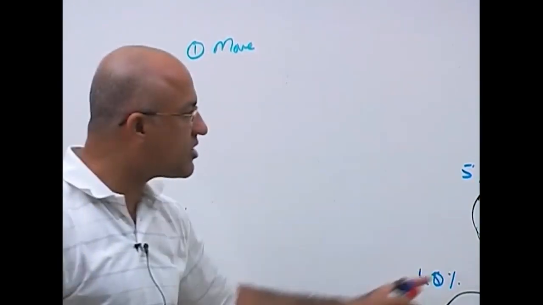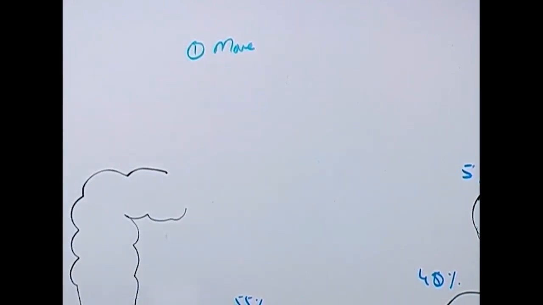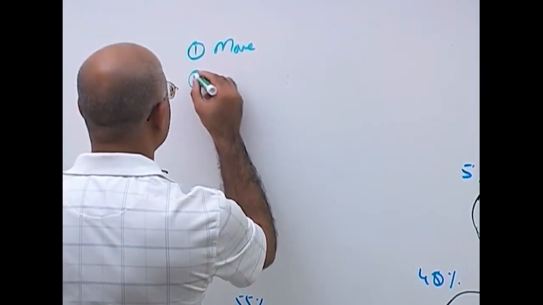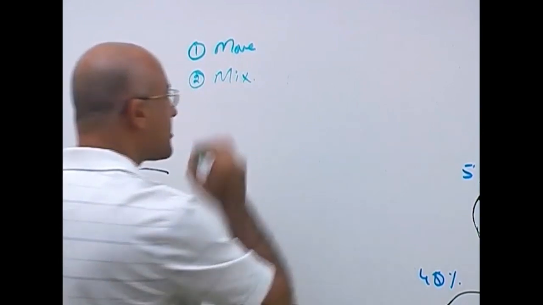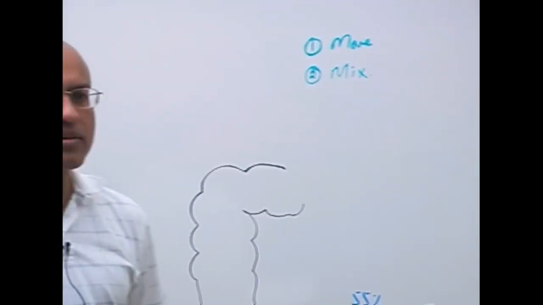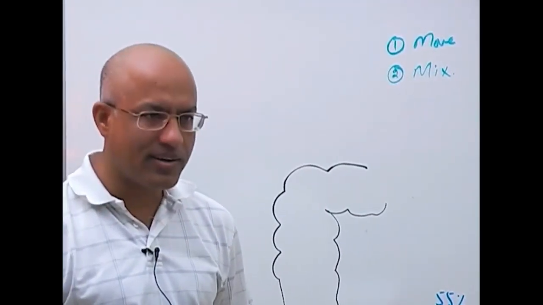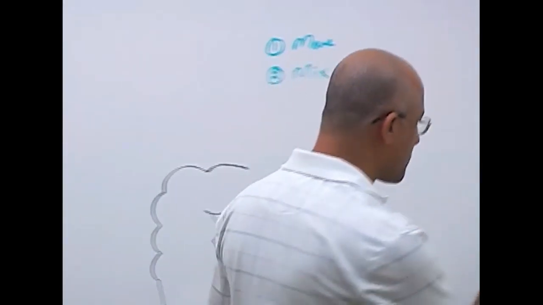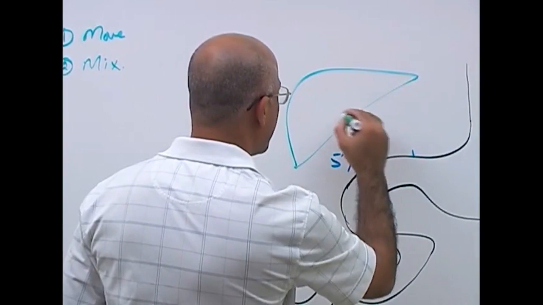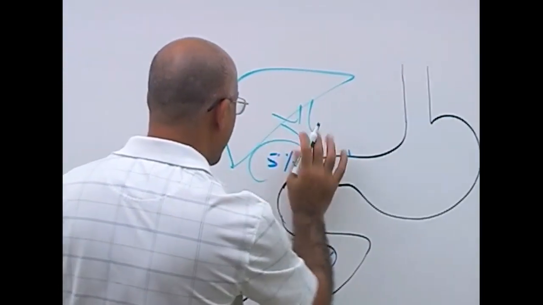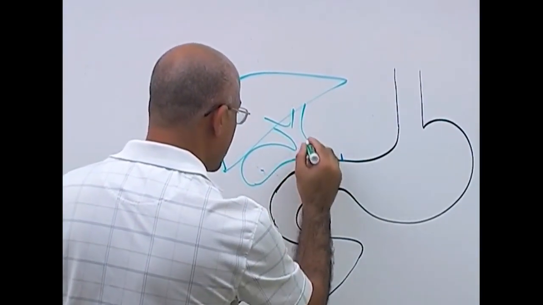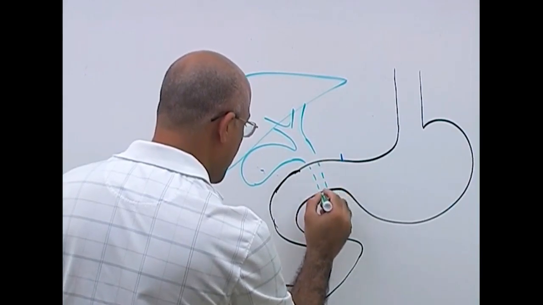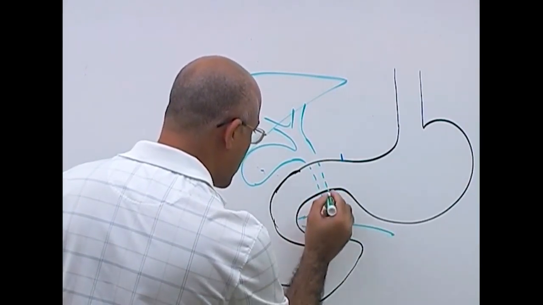Secondly, not only do we need to move the content through the small intestine, but we also need to mix the content of the small intestine with the gastrointestinal secretions. Because in the small intestine there are biliary secretions coming from the gallbladder, and the pancreatic secretions.